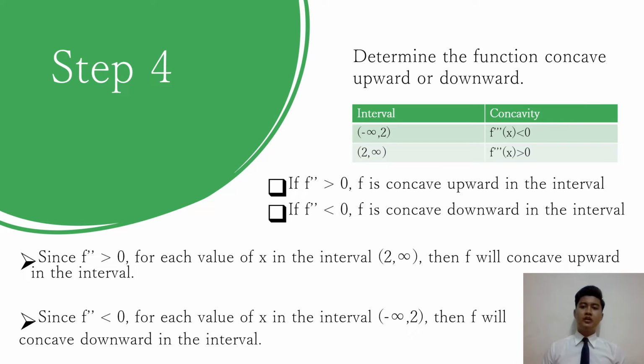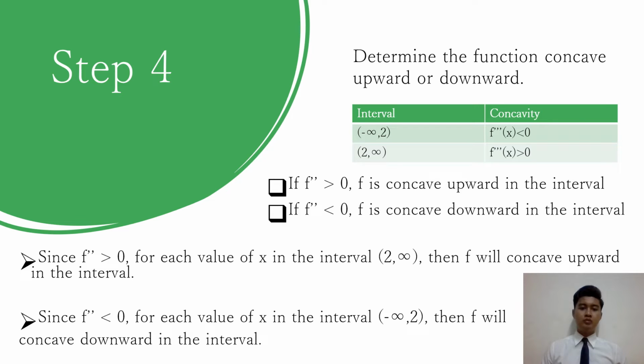Next, determine whether the function is concave upward or downward. From the last slide, we can see that for the first interval, negative infinity to 2, we get the concavity of f double prime x less than 0. And for the second interval, 2 to infinity, we get f double prime x more than 0. For the rule, if f double prime is more than 0, f is concave upward in the interval.